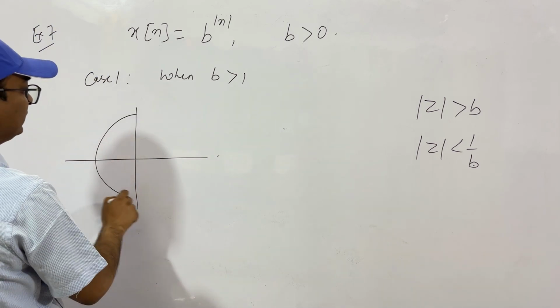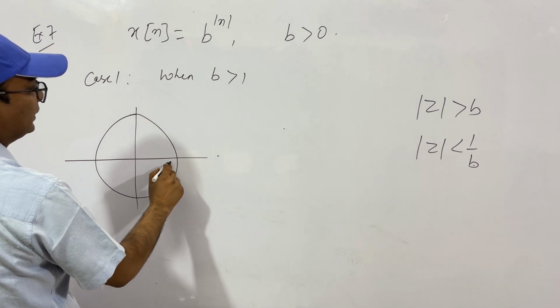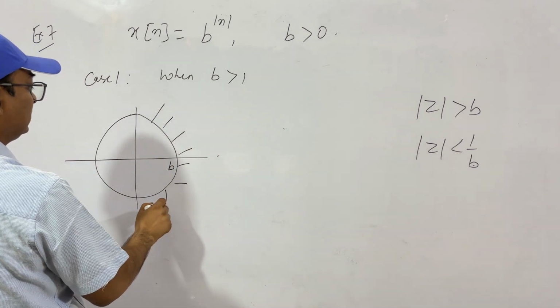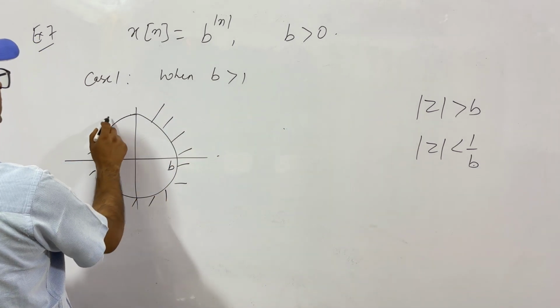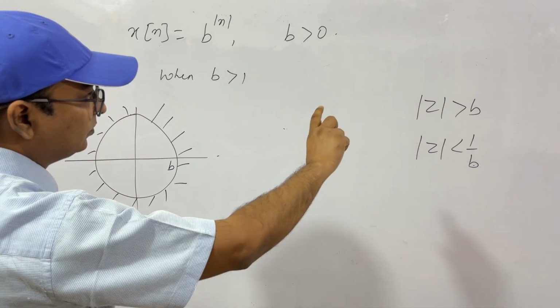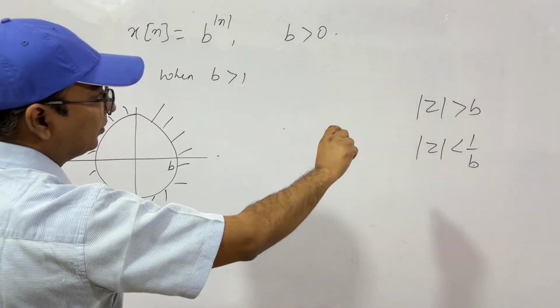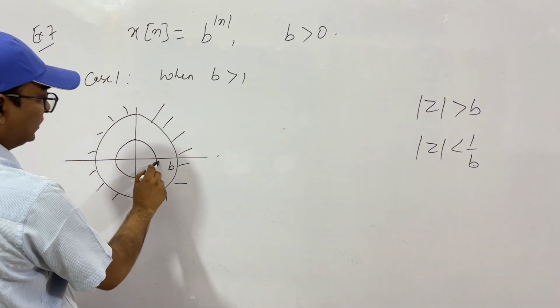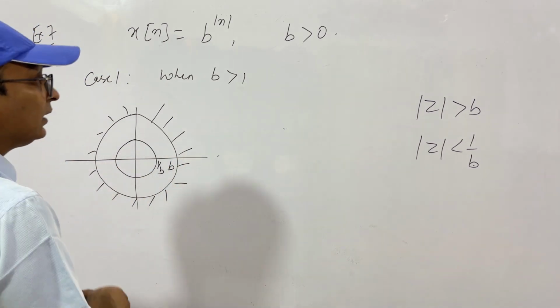B greater than 1, if you see, the first will give, let's say this is b. So mod z greater than b means this is the region of convergence for the first function. And 1 by b, obviously, since b is greater than 1, 1 by b will be less than b. So let's say that circle is this. This is 1 by b. Okay. And it is less than this.